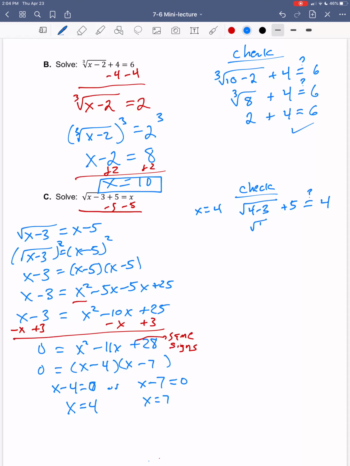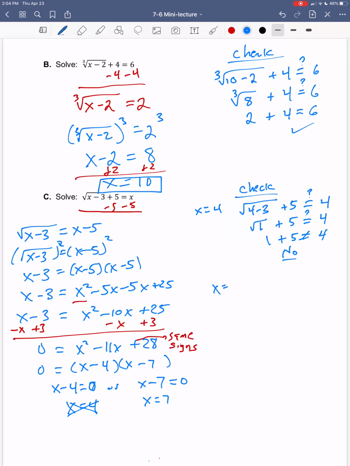So the square root of 1 plus 5, is that equal to 4? Square root of 1 is 1. 1 plus 5 is not equal to 4. So x equals 4 did not check. I can't include that as a solution then.